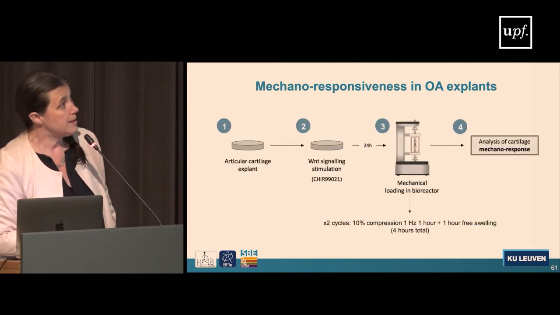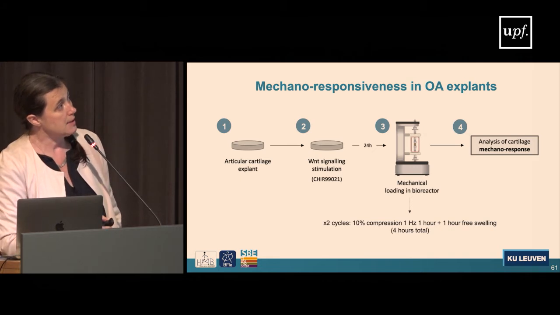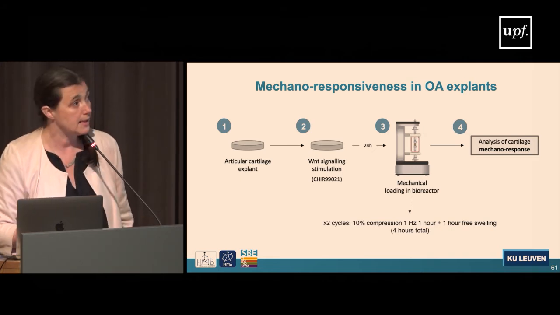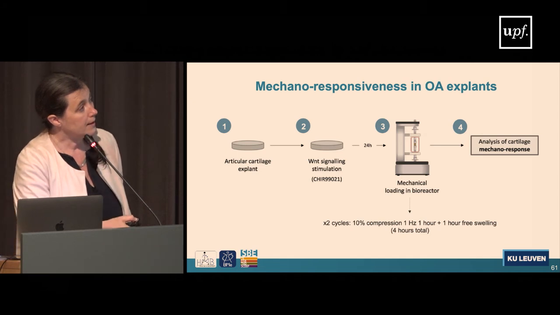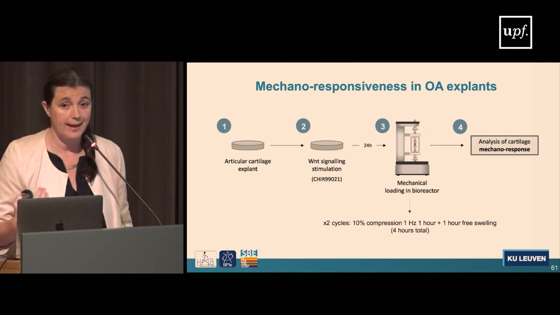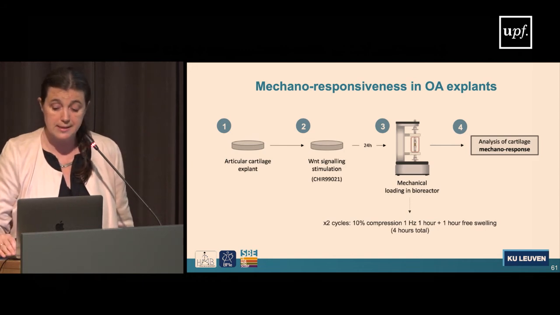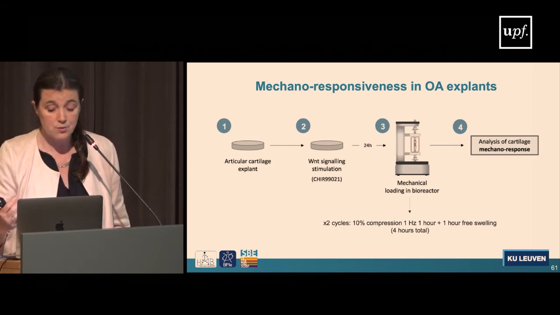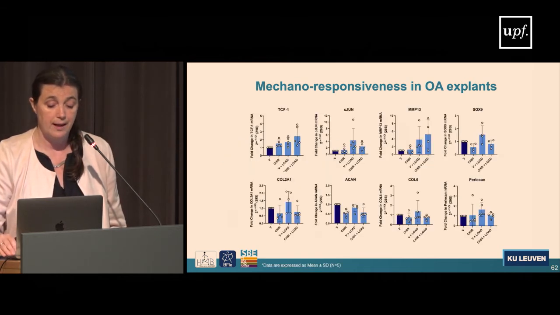Because of the variability in our OA explants, we decided to do it in healthy cartilage explants and to chemically induce Wnt upregulation and then load our cartilage explants. So we are looking at the mechano-responsiveness of Wnt upregulated cartilage.